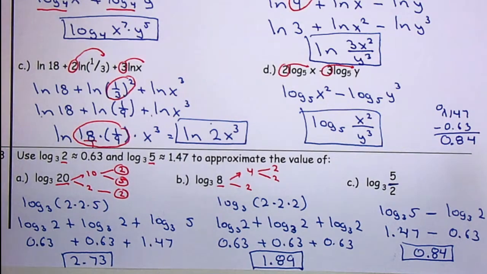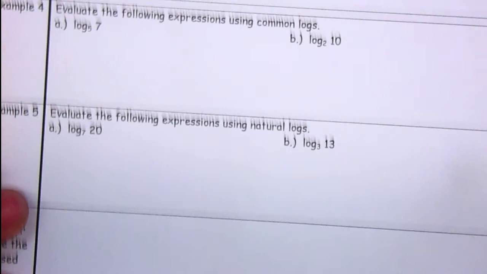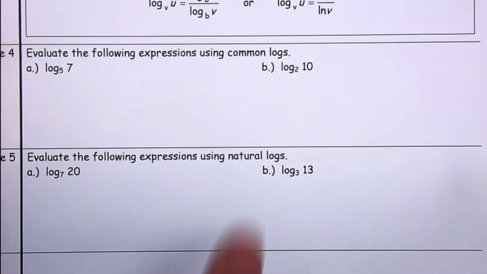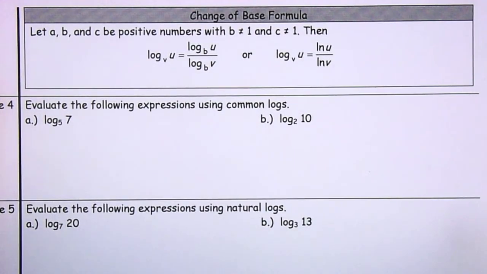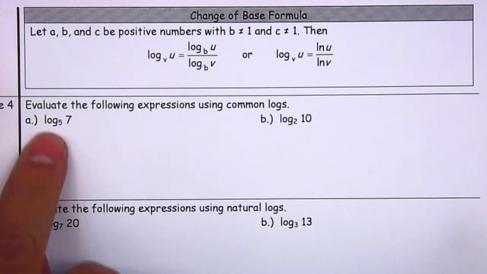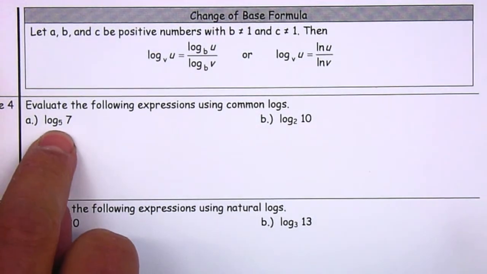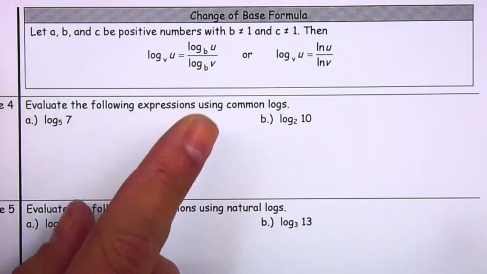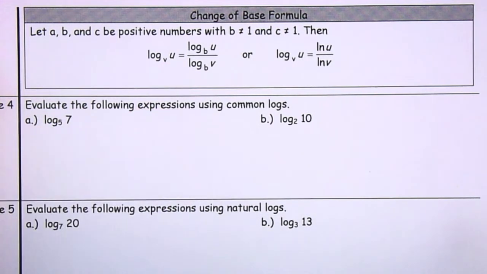Now let's go over to the back side. We have a change of base formula. This will be on your tests very often because we use this to evaluate logs. Now on your calculator, you don't have the log base 5. We only have log base 10 or log base e, which is ln.